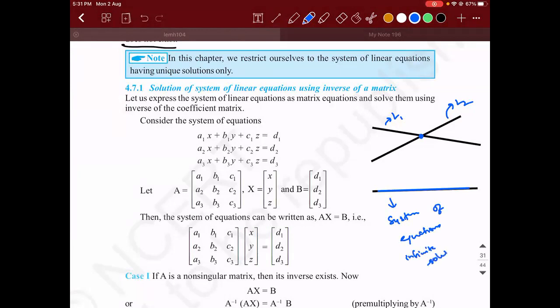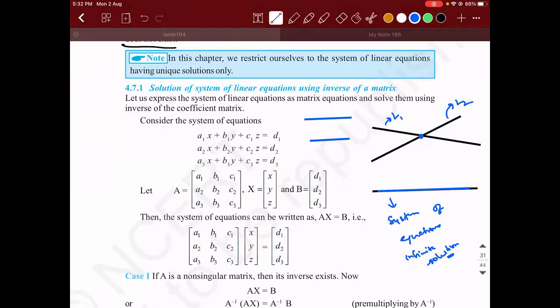Can this be taken as consistent or inconsistent according to the statement? It can be taken as consistent, sir. Then you can ask me what is the meaning of an inconsistent system? You tell me. Lines that don't intersect at all. Parallel lines. So if you have a set of two lines which are parallel to each other, then you can call it an inconsistent system of equations.